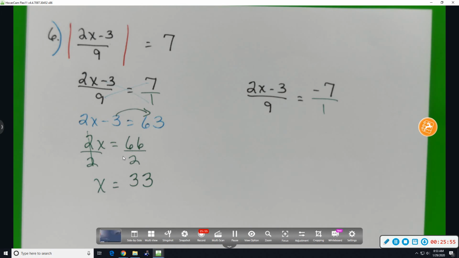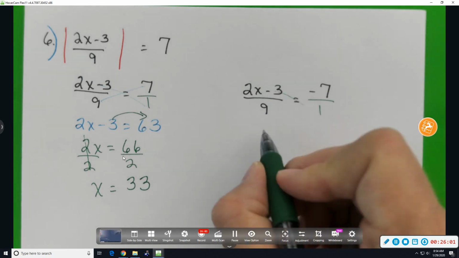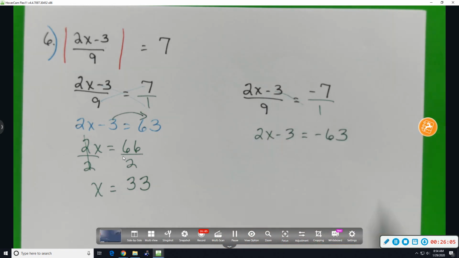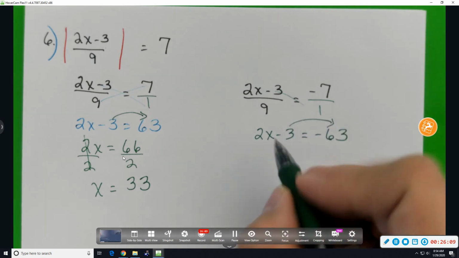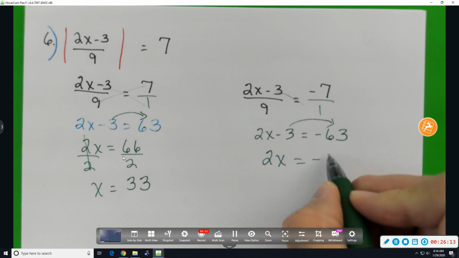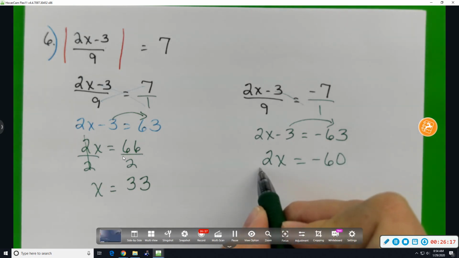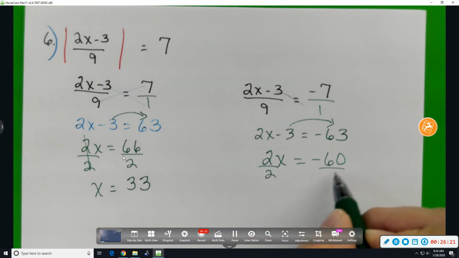Okay? Let's see. So 33 is one answer. What's the other answer going to be? 2x minus 3 equals negative 63. Did I hear negative 30? Because I think I agree with that. You add the 3 to get a negative 60. And divide by 2.